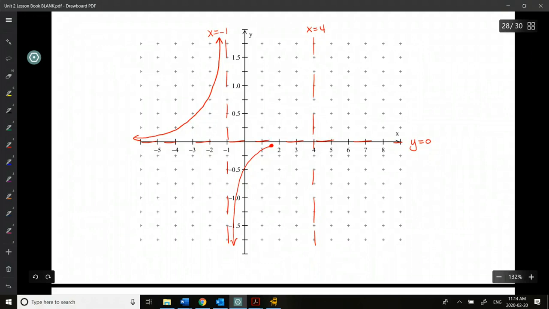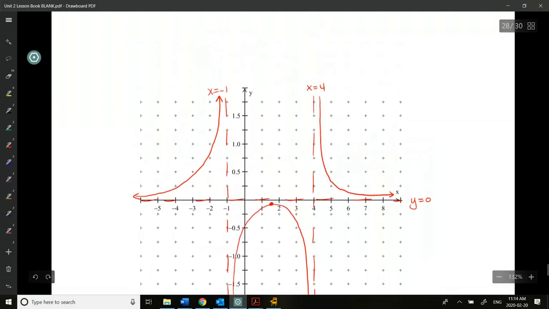Then we change, we're still concave down, but we change to decreasing after that. And from 4 to infinity, we are concave up and decreasing now.